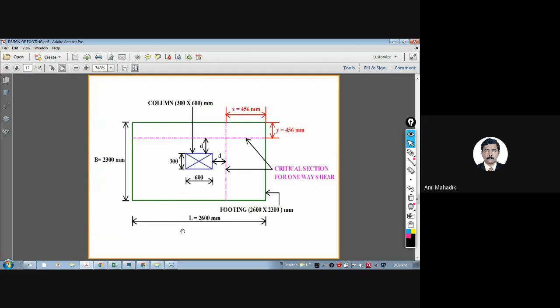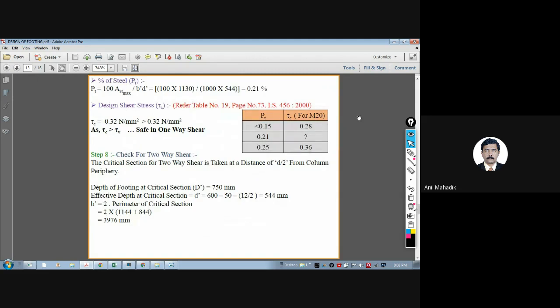Ast provided, how much will it come? Let me check it out. We have 12 mm at 125. How do we calculate Ast provided? What is our formula for spacing? Capital Ast, meaning, into 1000. So small Ast upon spacing into 1000.